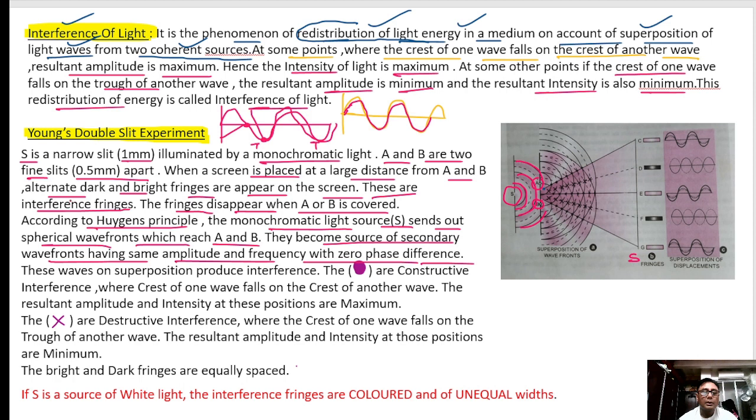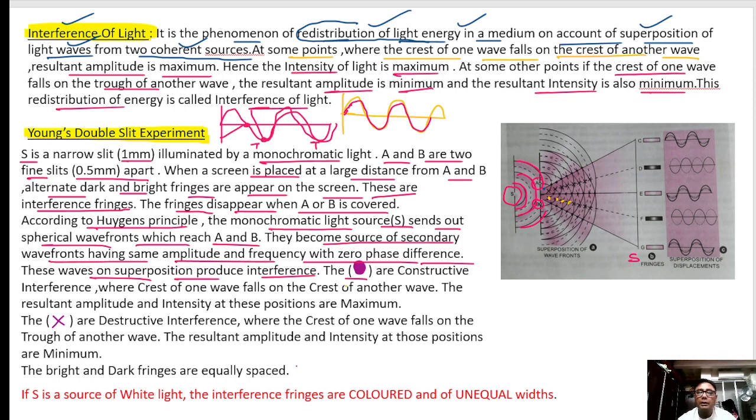Next, when these waves on superposition produce interference, you see these dots.